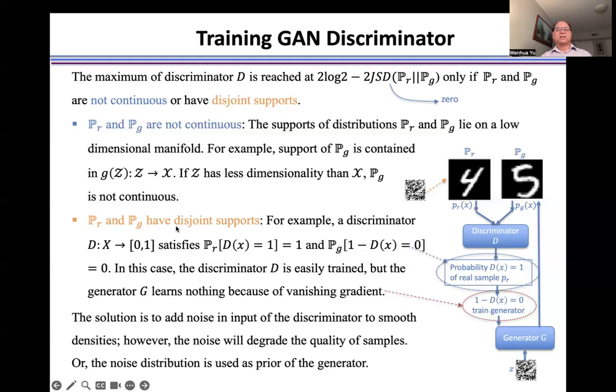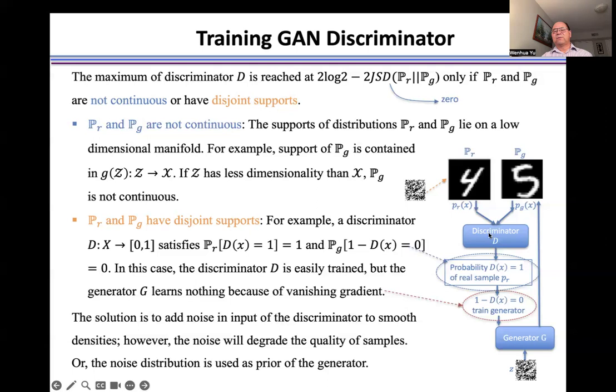PR and PG have a disjoint support. For example, a discriminator D satisfies D equal to 1 on PR and 0 on PG. In this case, the discriminator D is easily trained, but the generator G learns nothing because of vanishing gradient.